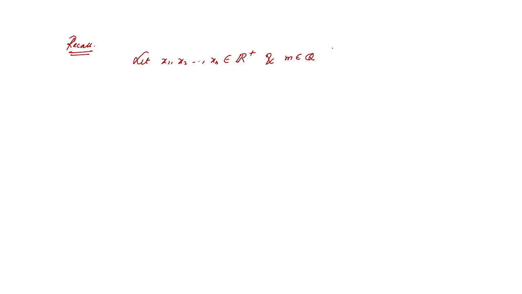M belongs to Q other than 0 and 1. So that we can write, okay, we can write m belongs to Q minus {0, 1}. And it is rational, but it is not equal to 0 and 1.